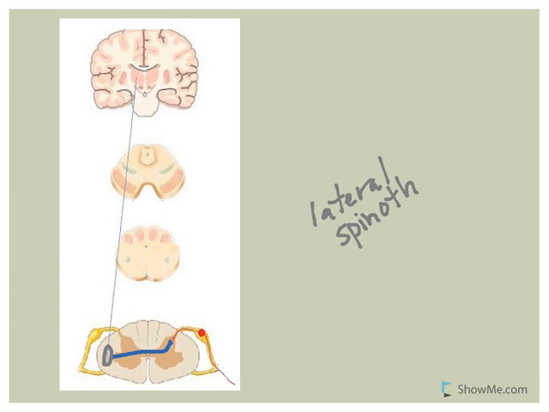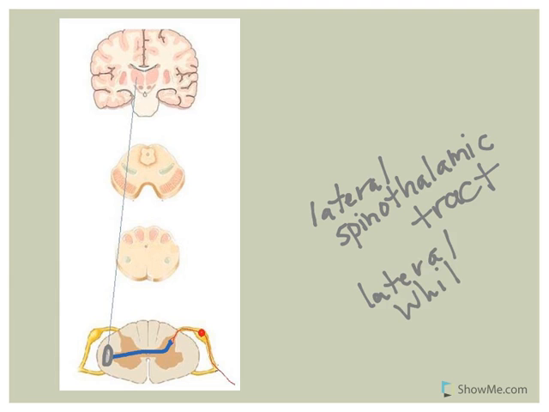The lateral spinothalamic tract has myelinated axons carrying information in regards to pain up the spinal cord. It is an ascending tract. So you see the axon of that second order neuron is traveling up via the lateral spinothalamic tract, which is located in your lateral white column.